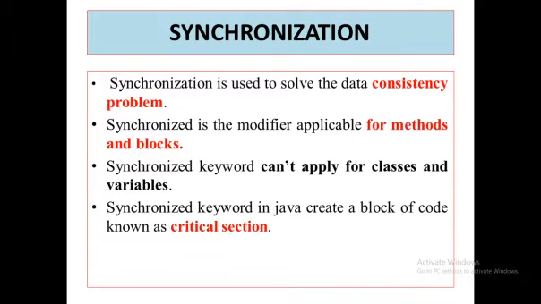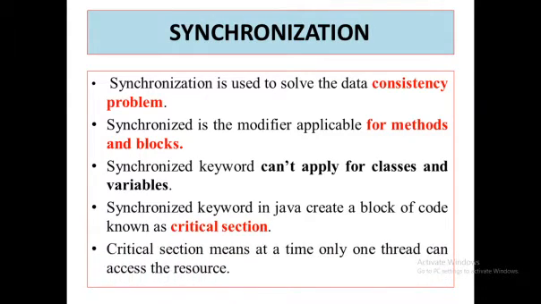The synchronized keyword in Java creates a block of code known as a critical section. In our program we can create the critical section by using the synchronized keyword. A critical section means at a time only one thread can access the resource.